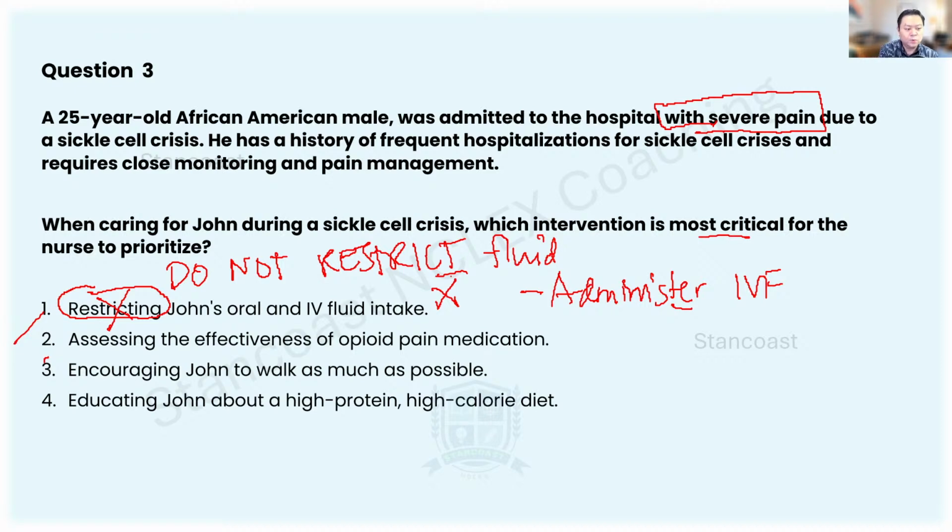Okay. What about number 3? Encouraging John to walk as much as possible? No, especially in a crisis, our patient should not be encouraged to walk around because we need to decrease the body's energy needs. All right? This is wrong. Do not encourage. The patient should conserve energy.